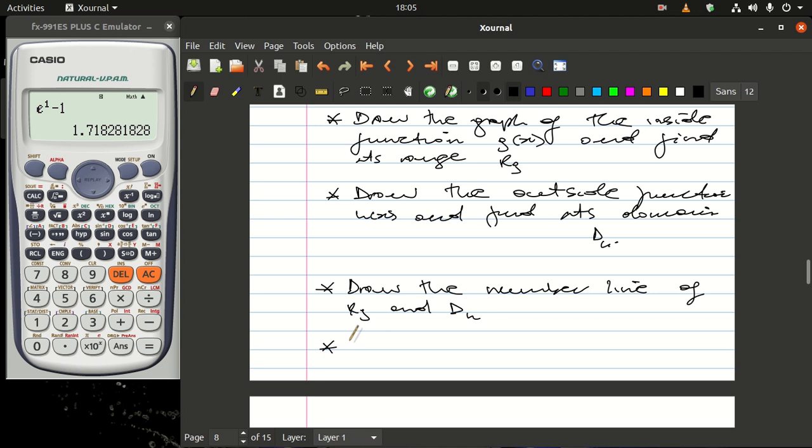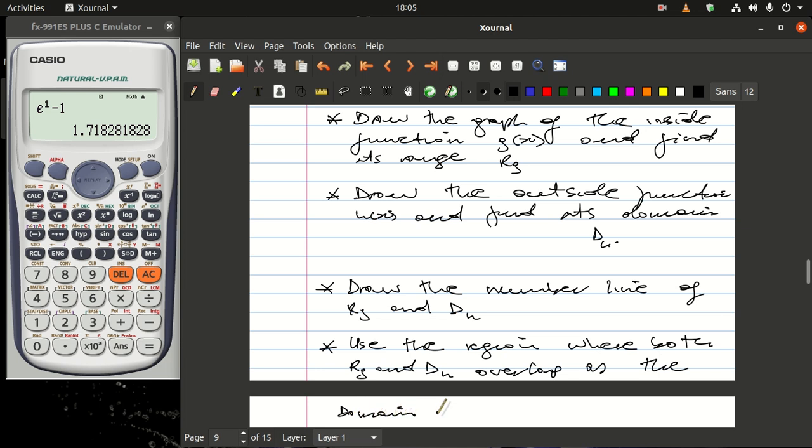Finally, use the region where both the range of g and the domain of h overlap as the domain of h of x.